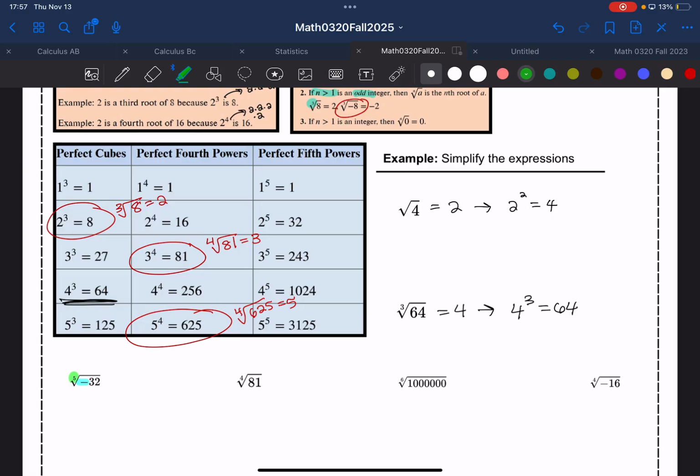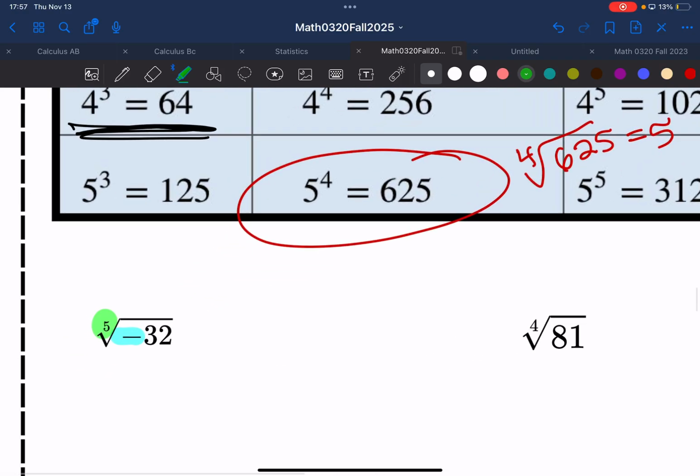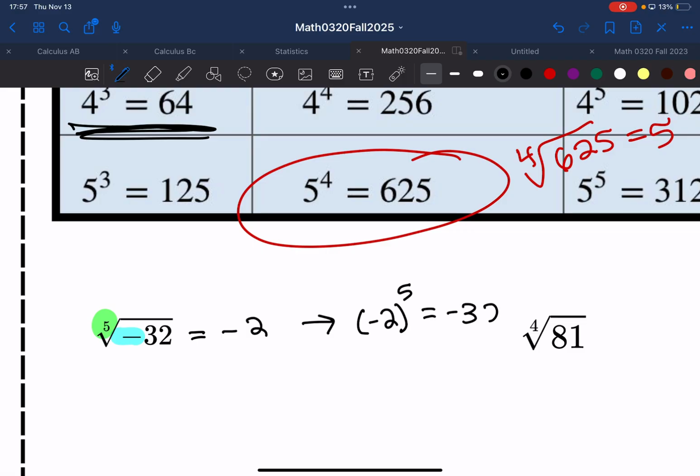And that's right here. So that means that the fifth root of negative 32 is going to equal negative 2, right? Because we had a negative there that they did not. So negative 2. And again, because this is the same as saying negative 2 to the fifth power equals negative 32.